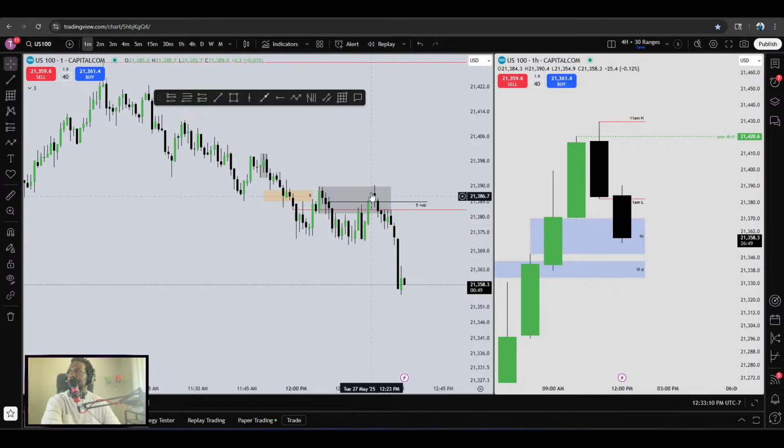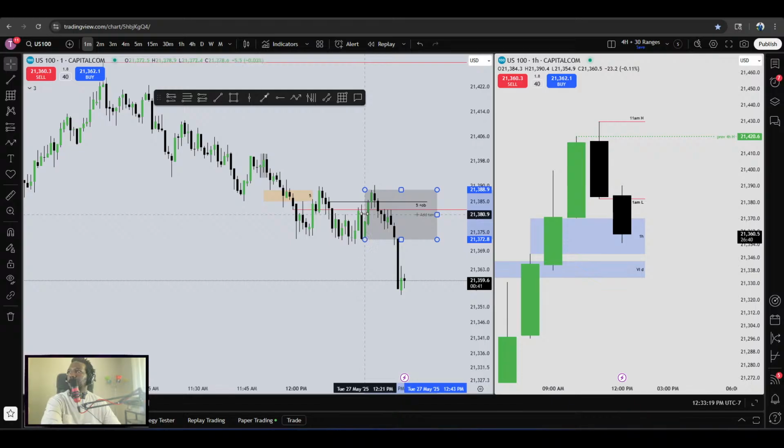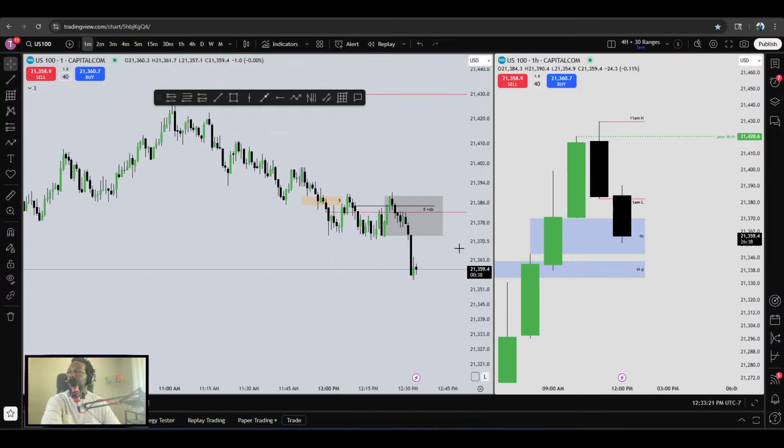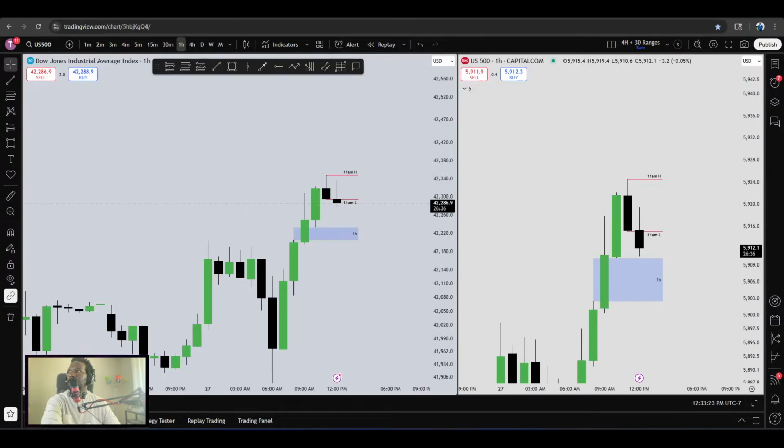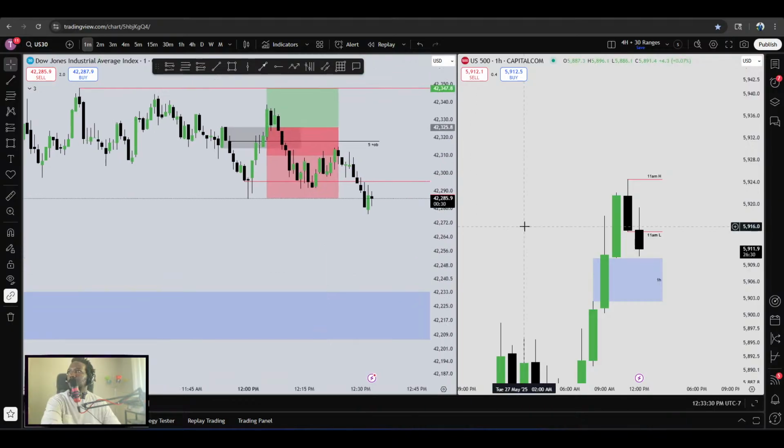So this is the last up candle here. We are still going up, which I don't know. That right there. So those will be losses if you took those.